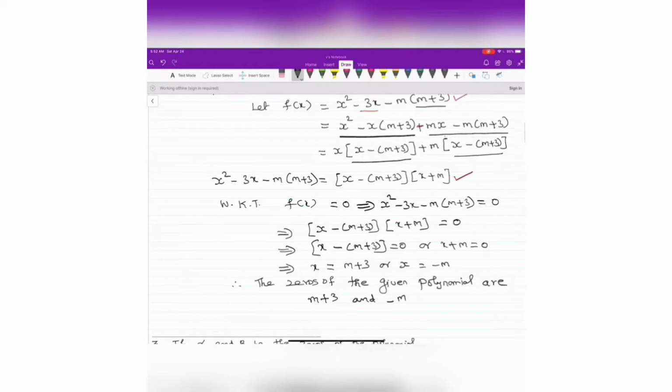Of course, you have to write your final answer. Just rewrite the same statement, that is, the zeros of the given polynomial are m plus 3 and minus m. So that will be your final answer.